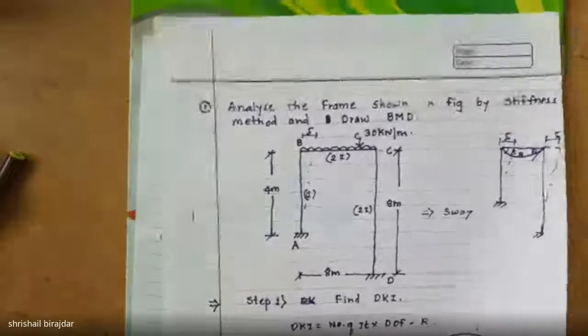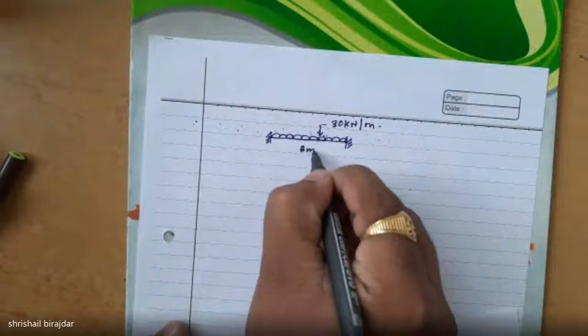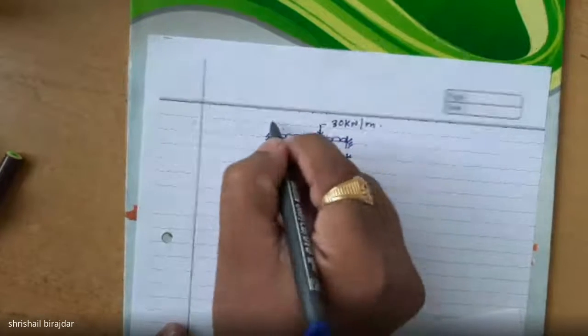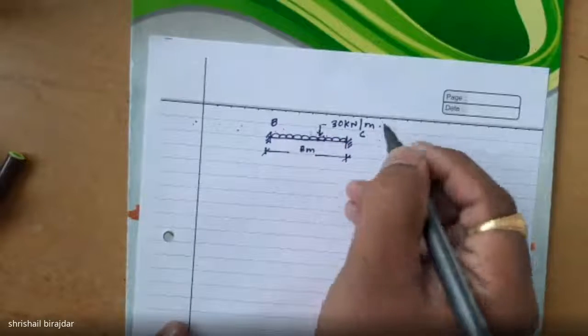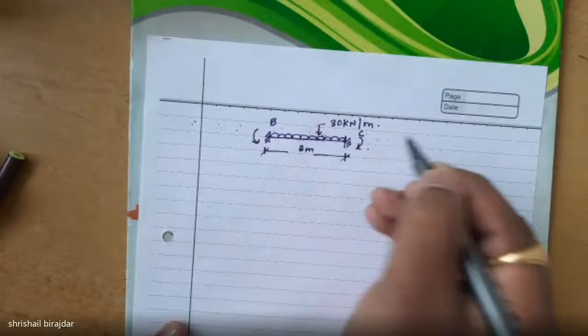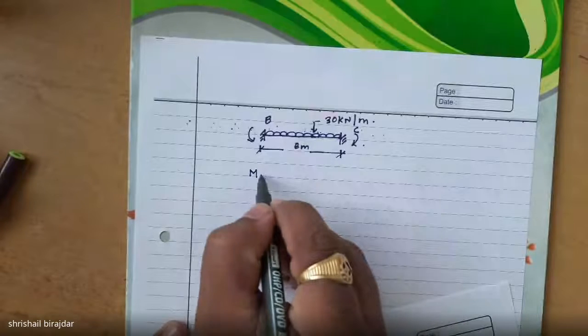So you just write down the span, 8 meter, BC. Try to find out the fixed end moment for BC.